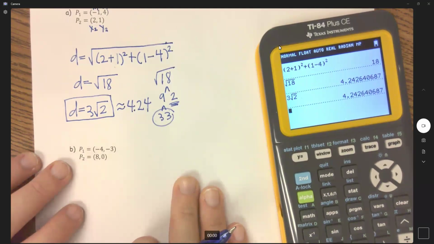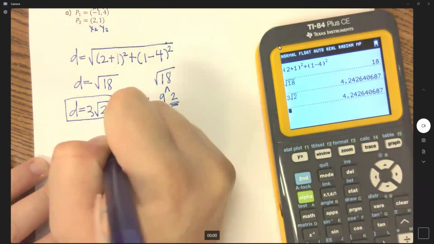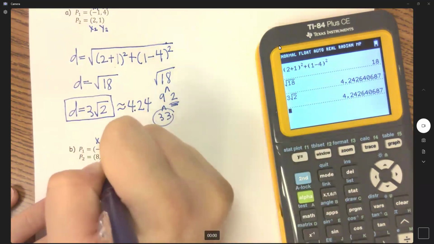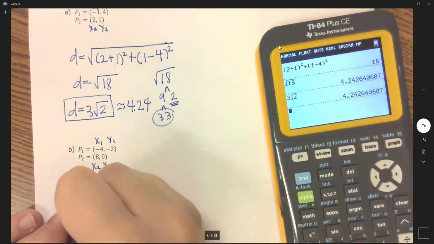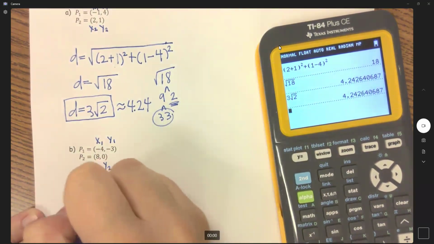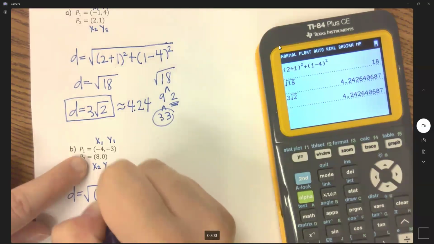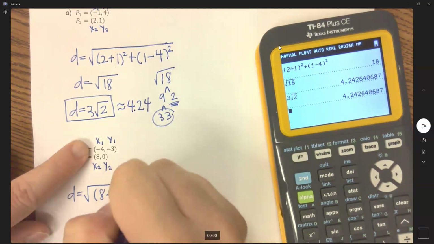So part B, do the exact same thing. Here is my x1, y1. Here is my x2, y2. So substitute it into your formula. We have distance equals the square root of x2 minus x1. So minus the -4 becomes +4.